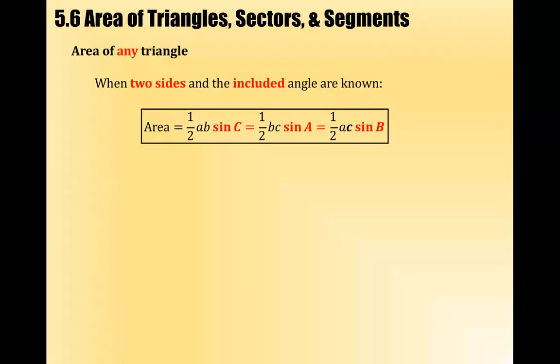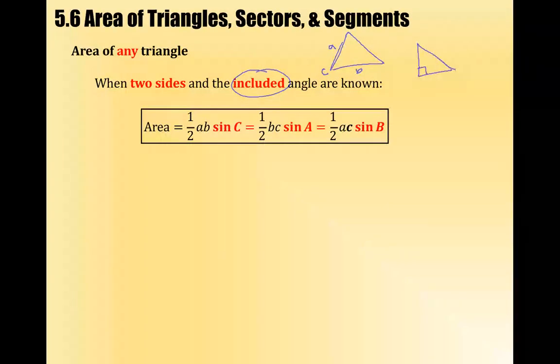When two sides and an included angle are known, we've got this formula right here, 1/2 ab sine C. Okay, so C is the included angle, right? So I've got this triangle. I know a and b, and I know angle C, right? This is actually the same formula that you use with a right triangle.